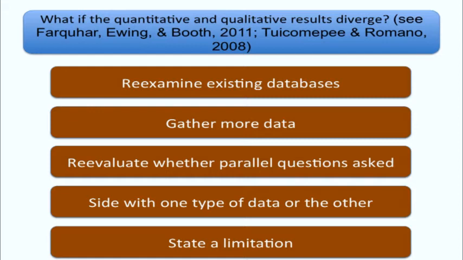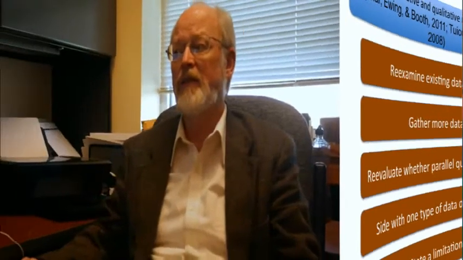One is some researchers side with either the quantitative or the qualitative data, and they give it more value, and they say perhaps the qualitative really tells the true story, or perhaps the rating scales on this instrument tell us a better story. Often doctoral students will look at the discrepancy and state it as a limitation in their project. It's not a practice I'd recommend for publication, but you do see this in convergent designs.